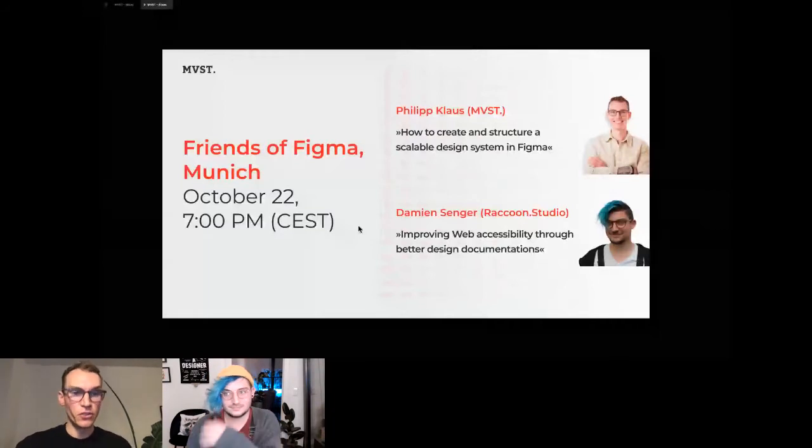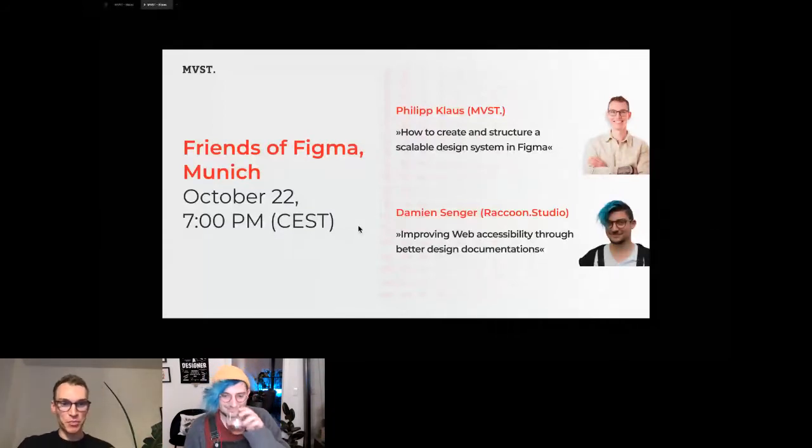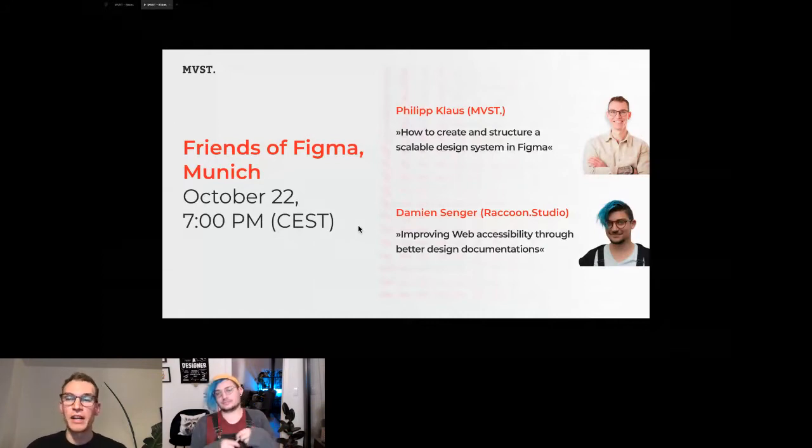Perfect. So let me introduce myself as well. I haven't even introduced myself properly. So I'm Philipp, the co-founder, working at MVST. MVST is a digital product studio in Munich. We build, design, and work on everything that's digital, no matter what it is, like an online web platform for SaaS B2B business, or mobile applications for various use cases.